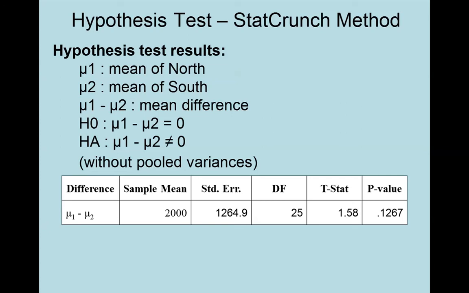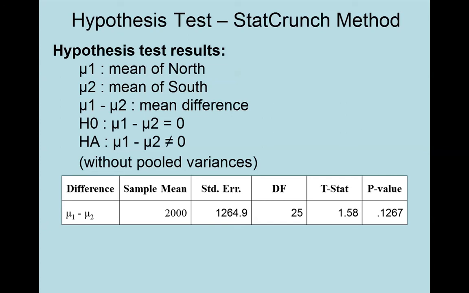Mu sub 2 was the mean of south, so those would be the houses south of Center Street. And it's telling you under the null, you're looking at mu1 minus mu2 equals 0. So you're saying that the mean of north and mean of south are equal in that case. Under the alternative, it's saying they're not equal. So you can see it's a two-tailed test.